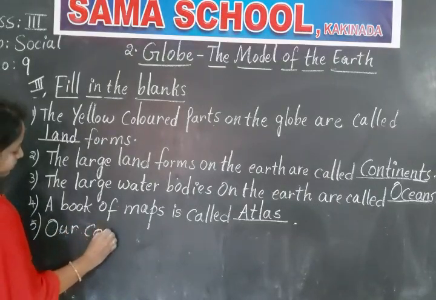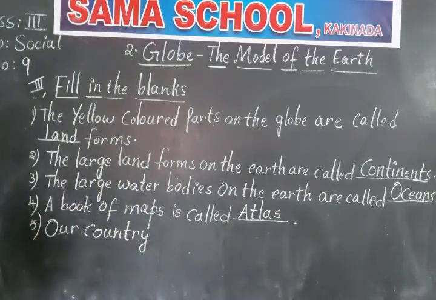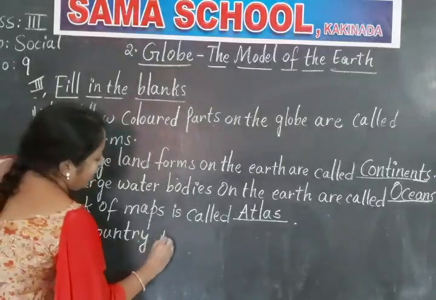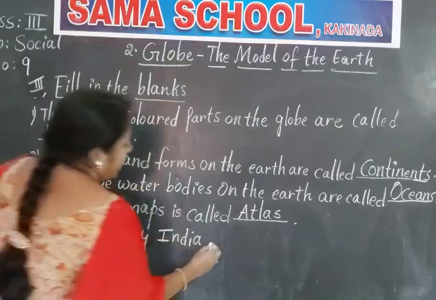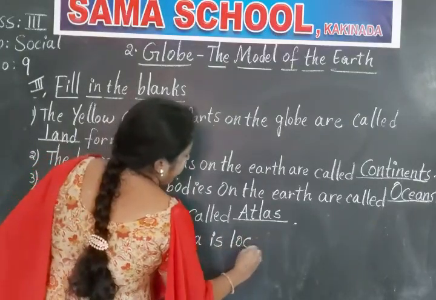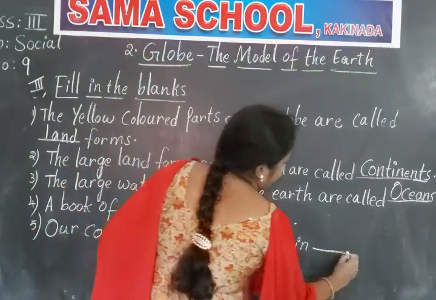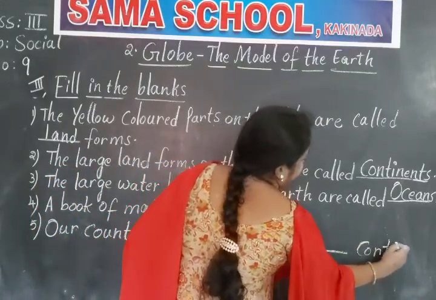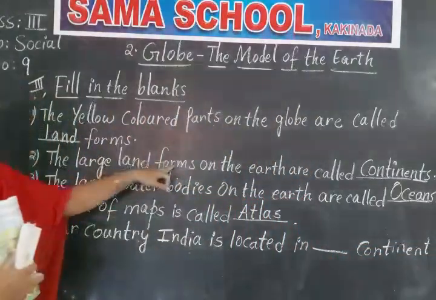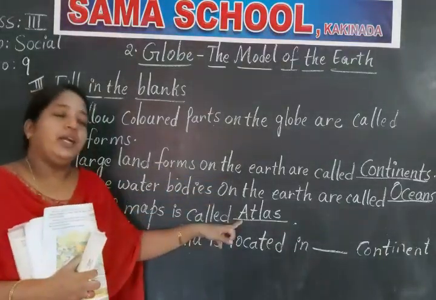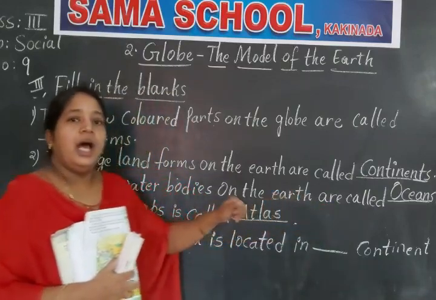Let's move into the last blank. Our country. Now tell me, what is the name of our country, children? Yes, India. Our country, India, is located in dash continent. So first of all, what is a continent? Large landforms are called continents. And there are 7 continents on the earth.